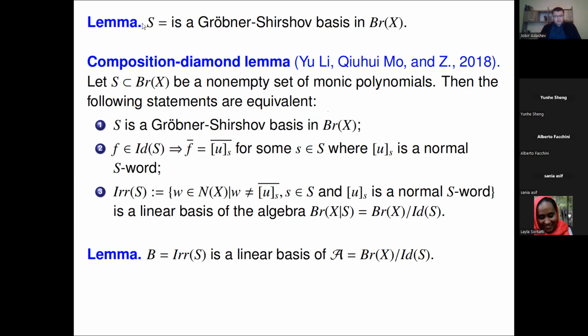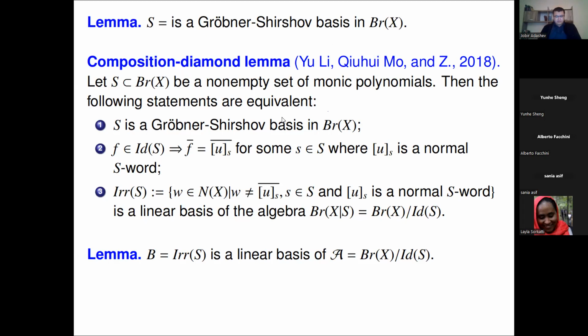We have checked that in the previous lemma. The third one, the irreducible set, a set of normal brace words, is a linear basis of the quotient algebra. We have seen that the S we constructed is a Gröbner-Shirshov basis.